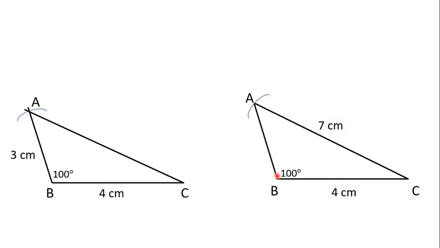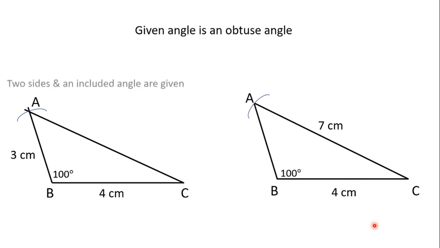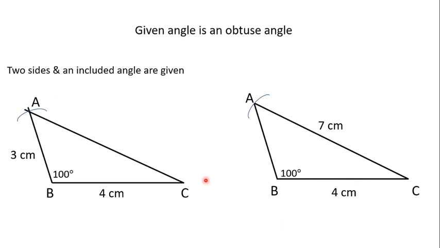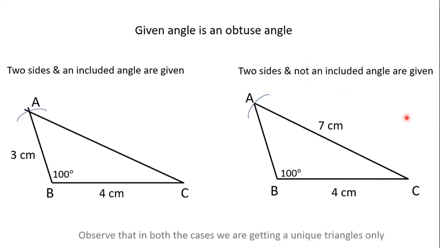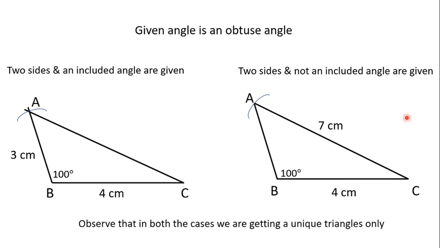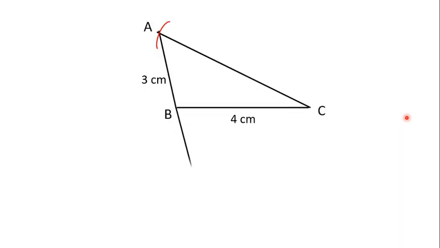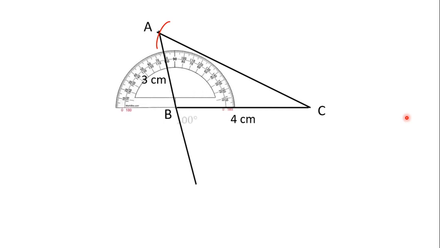Let us cut this ray in order to get the point A. So join the respective points and see that given an obtuse angle, if two sides and an included angle are given, if two sides and not an included angle are given, then observe that in both the cases we are getting unique triangles only.